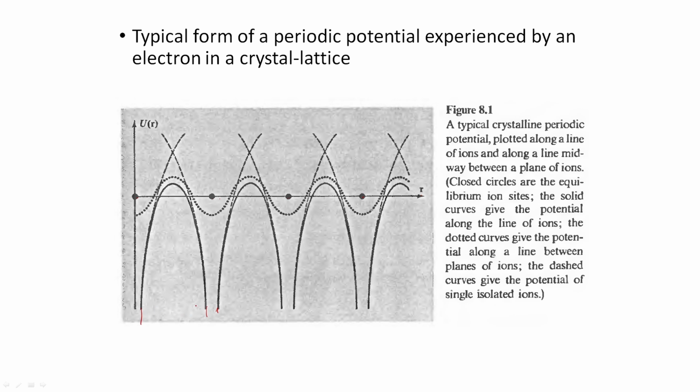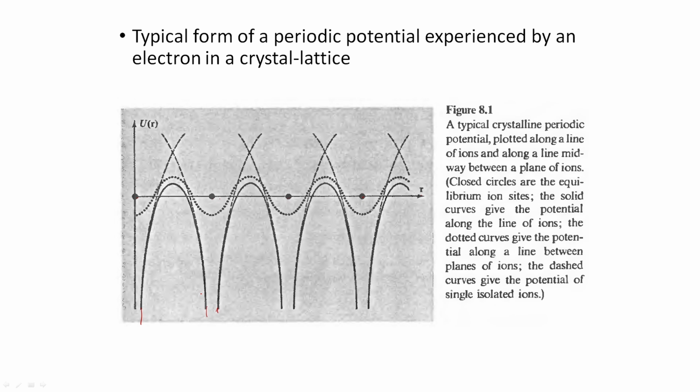These are the infinity values: when the electron is close to the nucleus, the energy goes very high. That is why the potential varies like this. Hence any crystalline material will have periodic potentials, plotted along a line of ions and along a line midway between the planes of atoms.